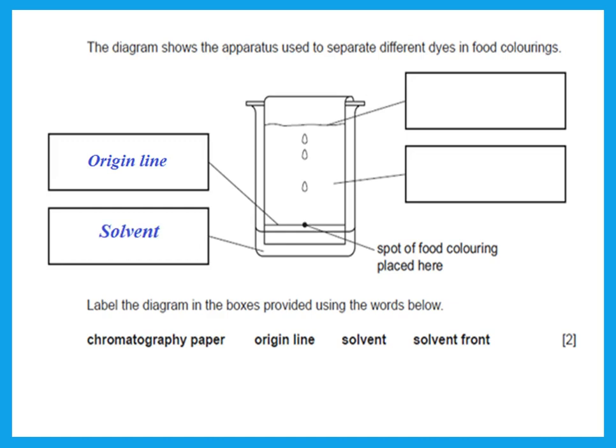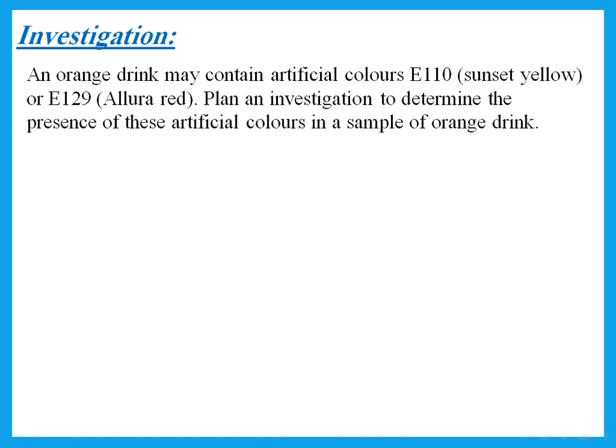The solvent is the one at the bottom. Remember that the solvent must be below the origin line or the baseline so that the spots do not dissolve in the solvent. The one on top there is the solvent front. So this is where the solvent went up, and that of course is the chromatography paper.